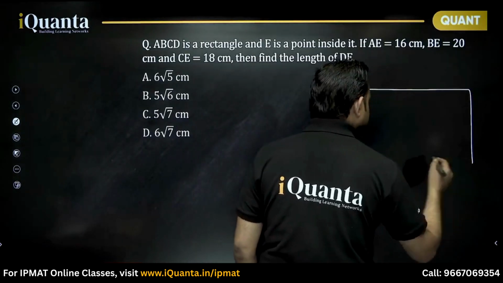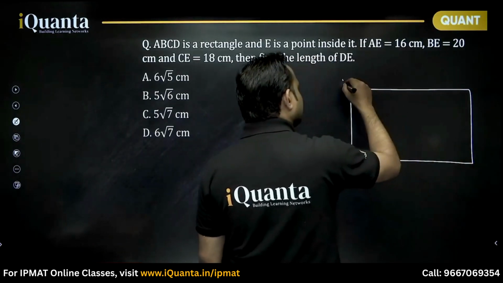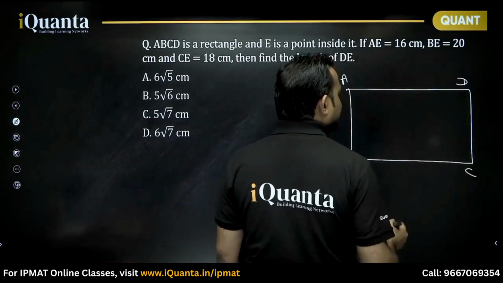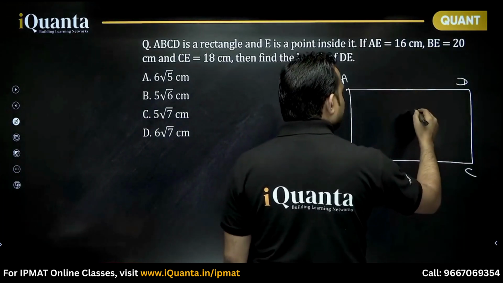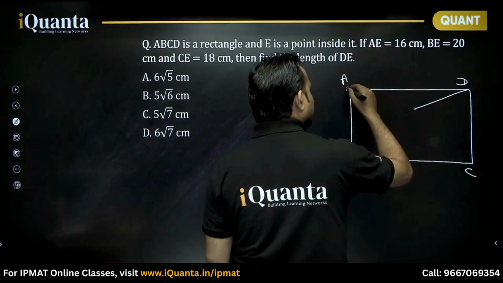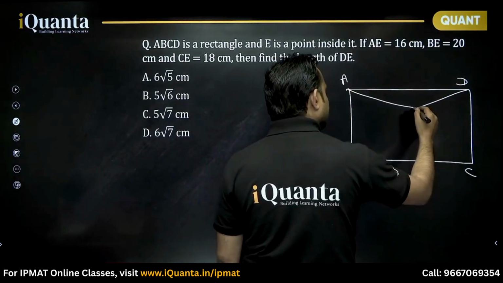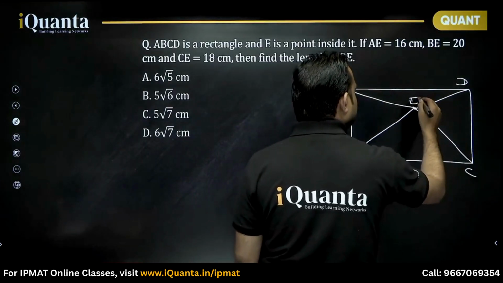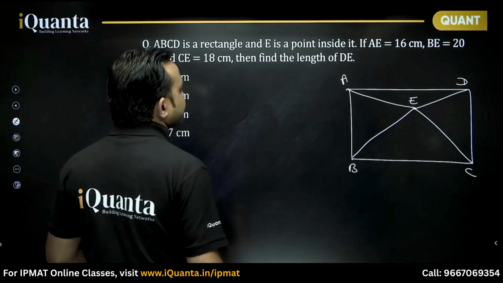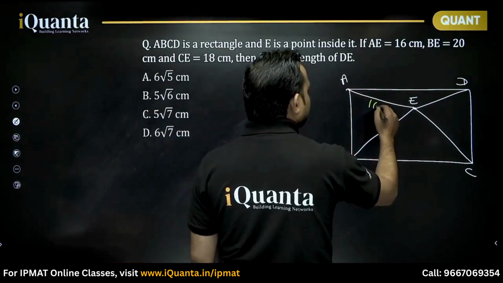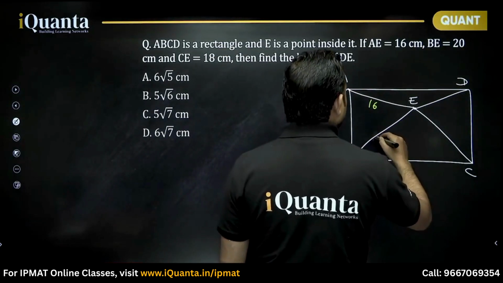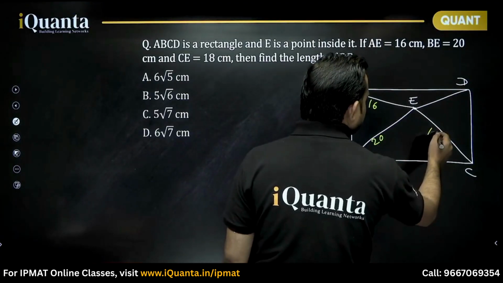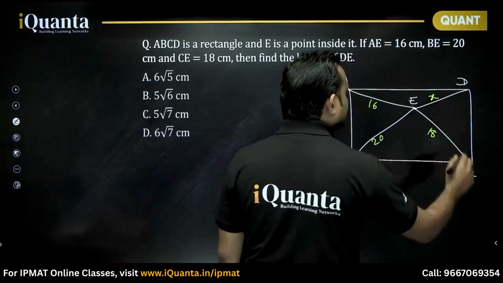So ABCD is a rectangle, A, B, C, D, and there is a point E. If I join EA, ED, then I join EB, then EC. Let's say DE is equal to X.